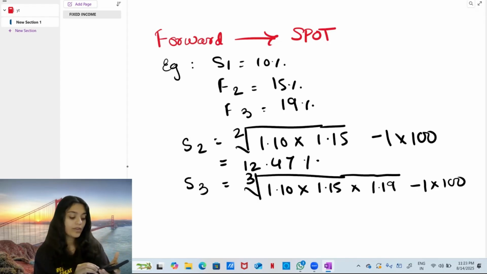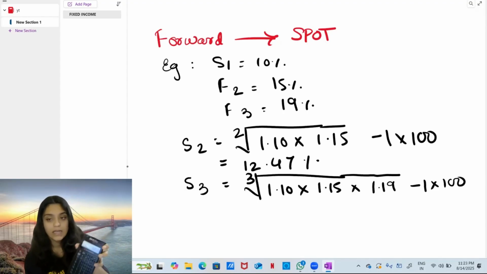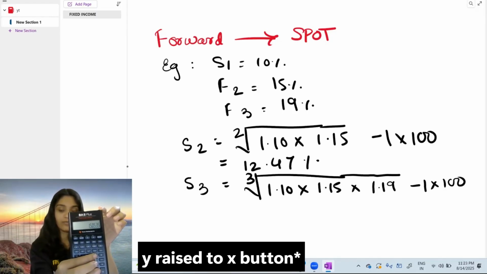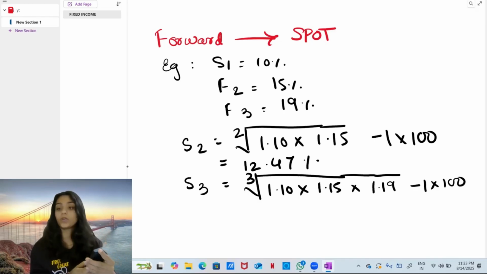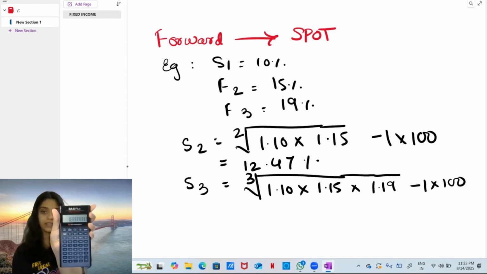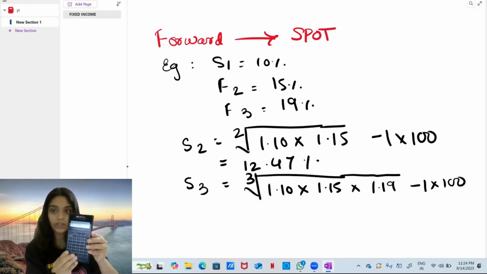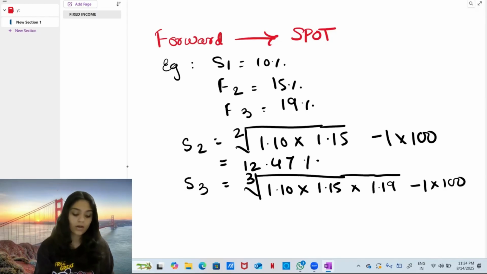So whatever answer has come from those three numbers, press equal, then click the x to the power 1/y button, bracket open, 1 divided by 3 because it is a cube root, bracket close. You should get a number like 1.14 something, minus 1, into 100, and you will get the answer as 14.60%. That is the spot rate for your third year.